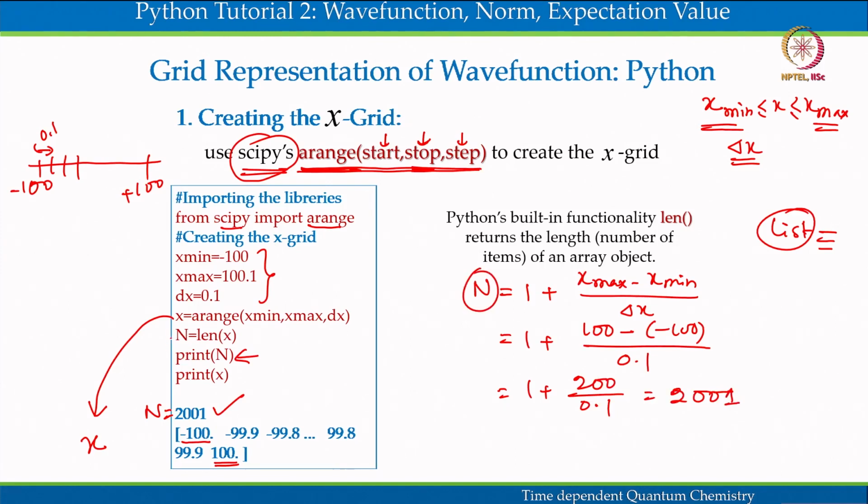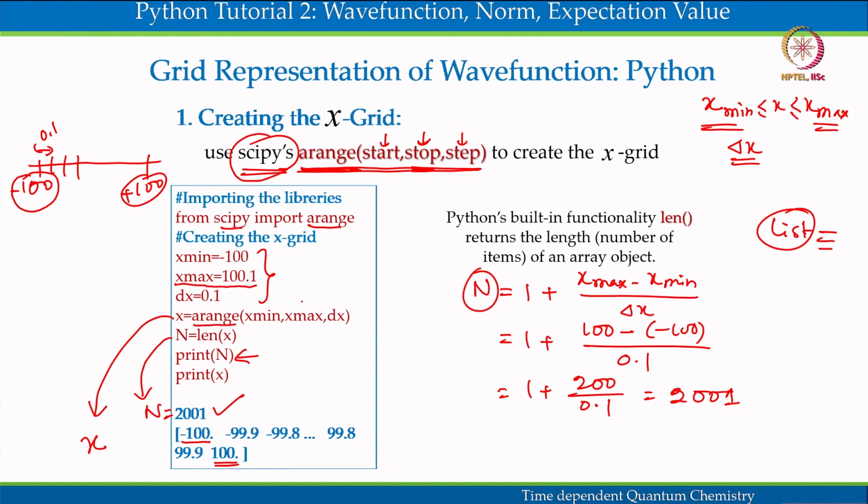So len is giving me the correct number of elements I have in the x grid. To make this range -100 to +100, I just remind that x maximum we have taken to be 100.1, because that's the way the arange functionality works.